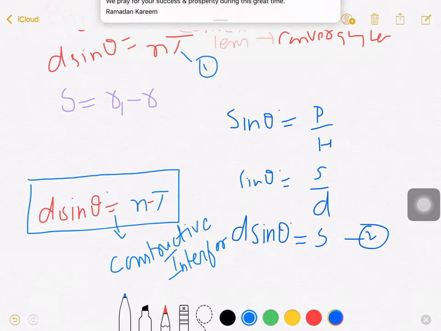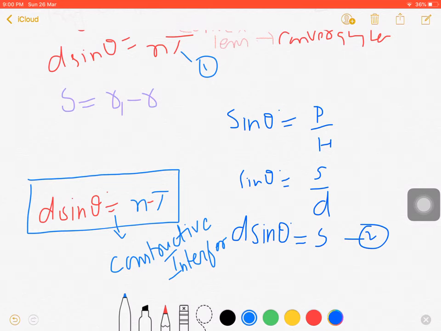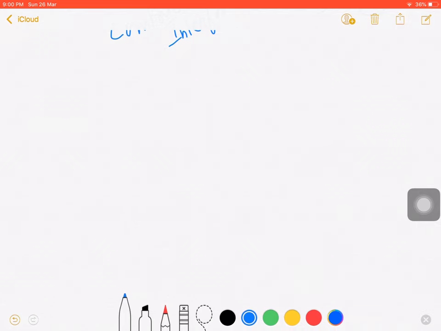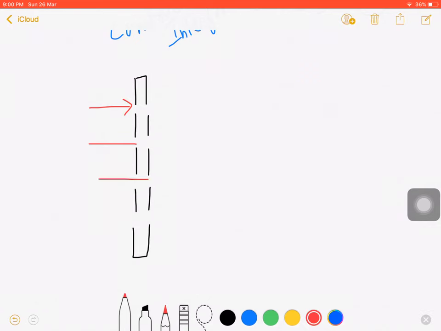Now one more thing which will help you is the order: zero order image, first order image, second order image. For this, consider that here we have another slit, and here are the rays of light which are coming.